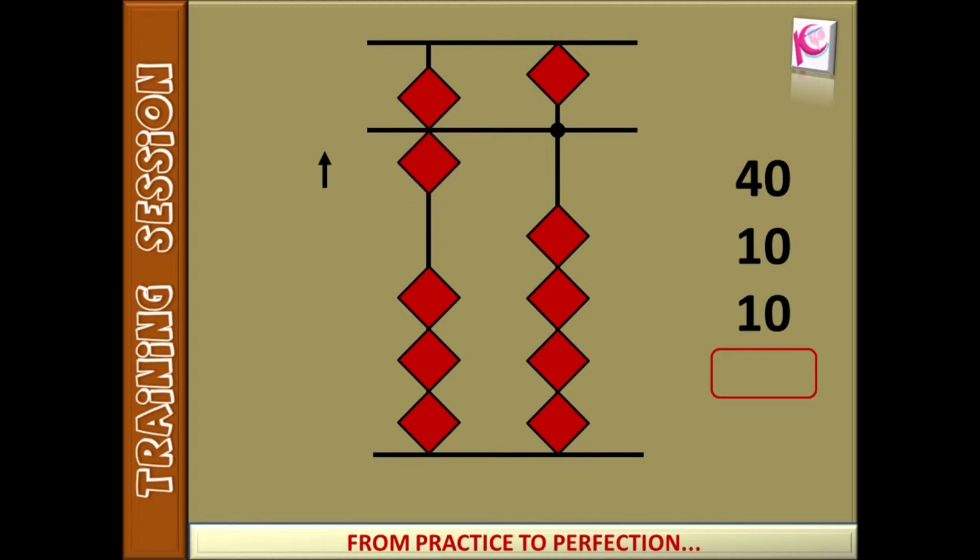We have the answer. I hope you can read it. 60. We are using small friends. Small friend of 1 is 4.